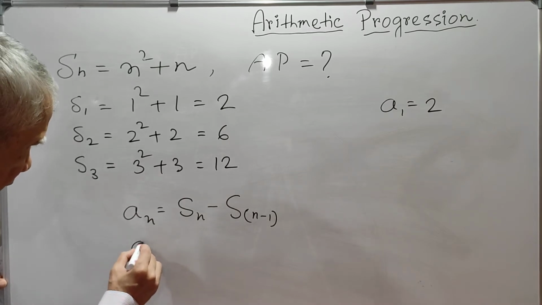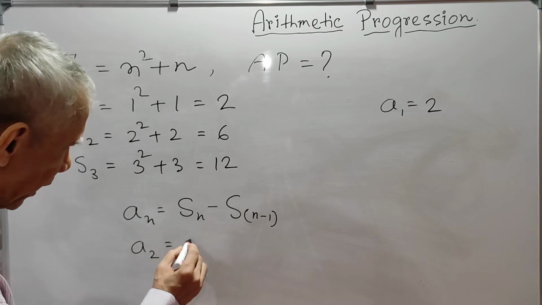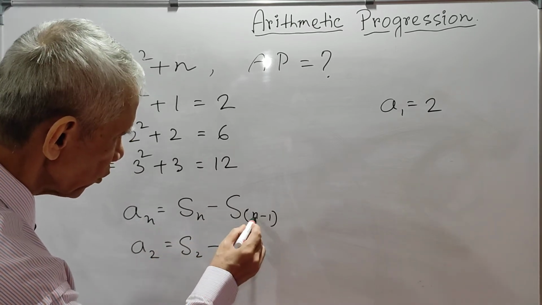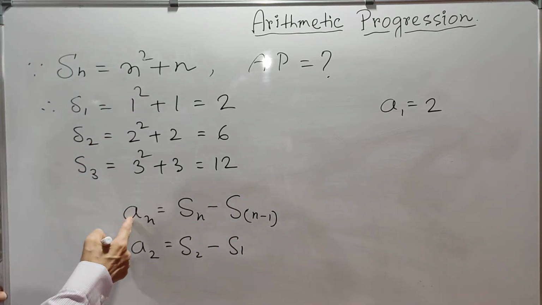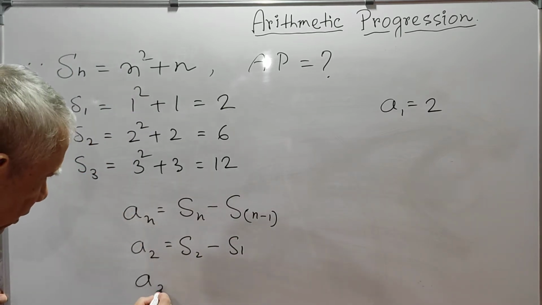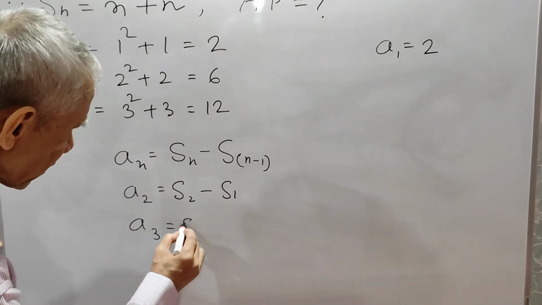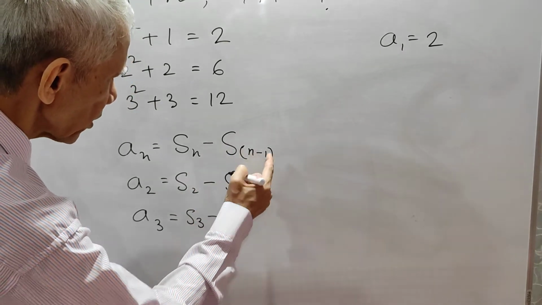Suppose we want to find the second term A2, it will be S2 minus S2 minus 1, that is S1. Then to find A3, the third term, it will be S3 minus S3 minus 1, that is S2.